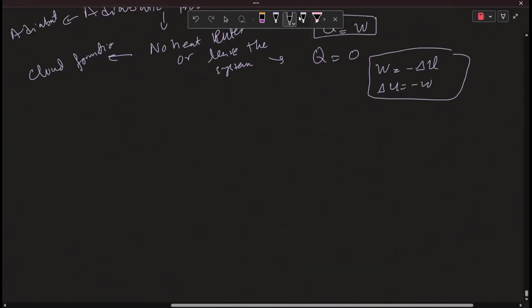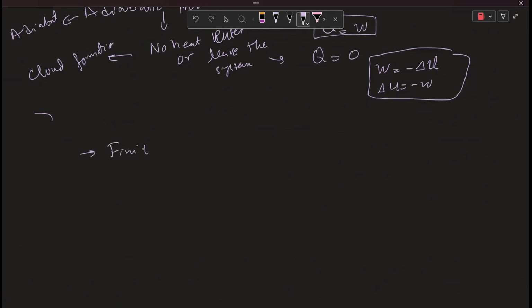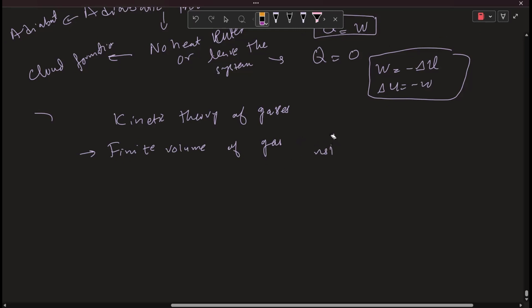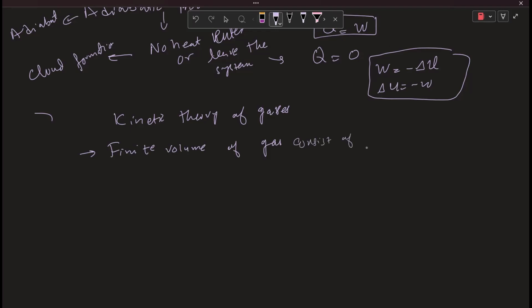What is the first assumption? The first assumption of the kinetic theory of gases is that a finite volume of gas consists of a large number of molecules.